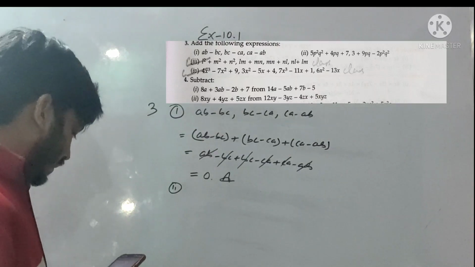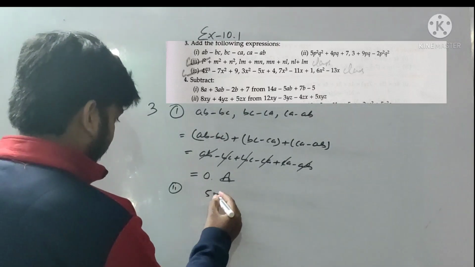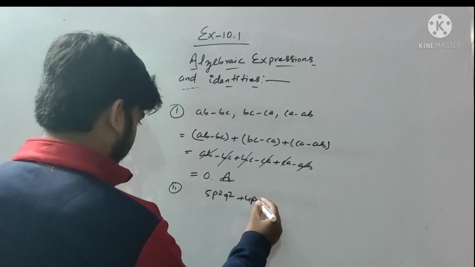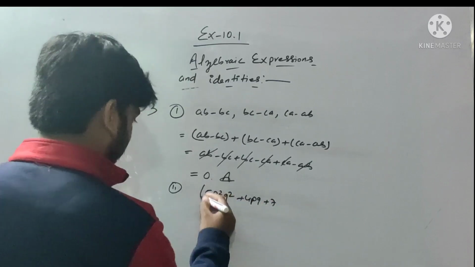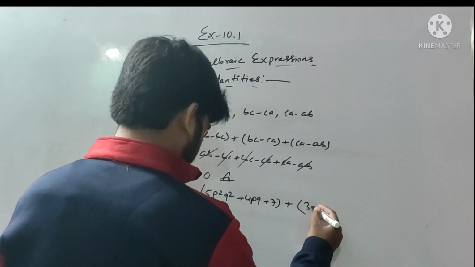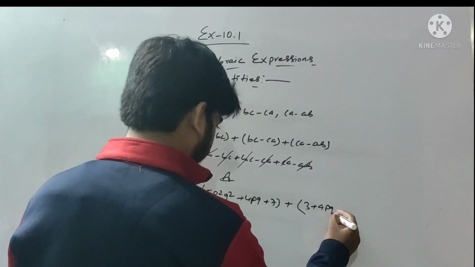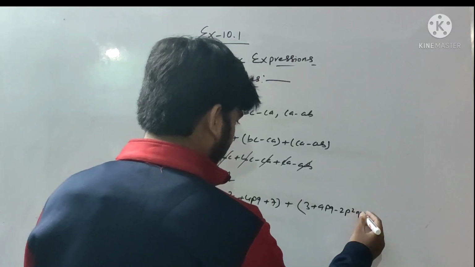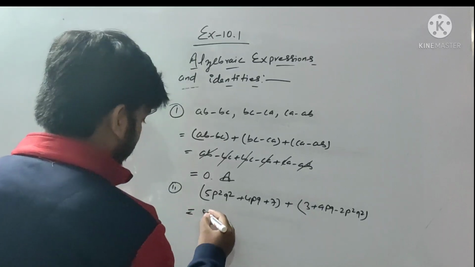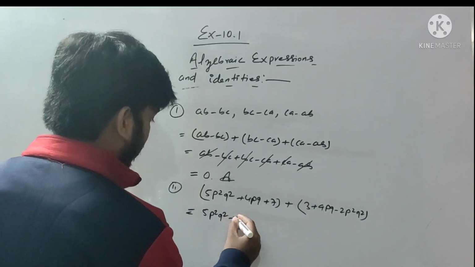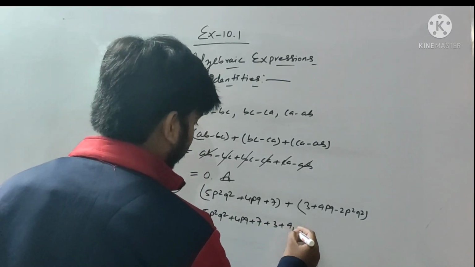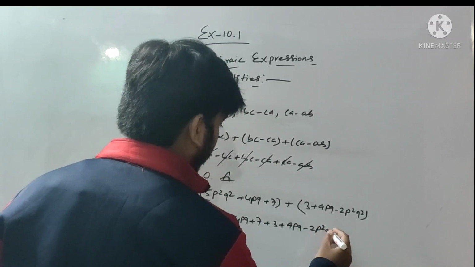I will write directly here with brackets, given 5p square q square plus 4pq plus 7. Here put a bracket, put a sign of plus. Now here 3 plus 9pq minus 2p square q square. So we need to remove the brackets. So it will be 5p square q square plus 4pq plus 7 plus 3 plus 9pq minus 2p square q square.